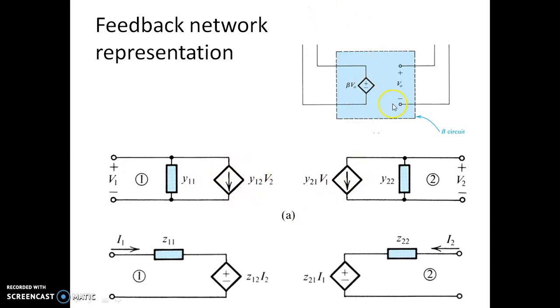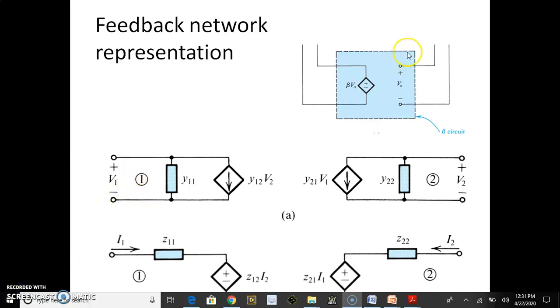You are sampling a voltage, so this is the voltage being sampled, maybe at this point exactly over here, but on the other side you are supposed to have a voltage source, and the Y parameter representation of a two-port network doesn't have a voltage source here. There is a voltage-dependent current source, so I cannot represent the feedback network by the Y parameters.